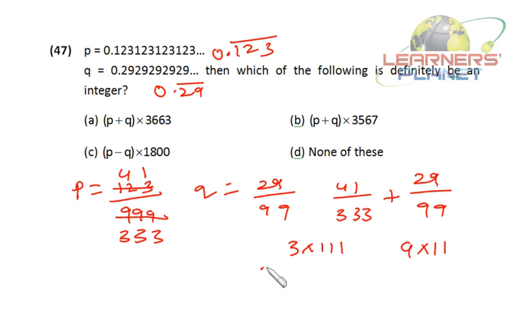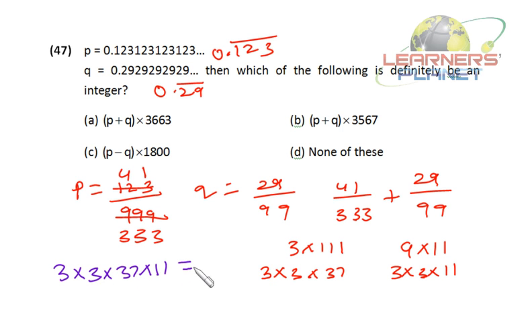Further, it is 3 into 3 into 37, and 3 into 3 into 11. Then the LCM of these two will be 3 into 3 into 37 into 11.